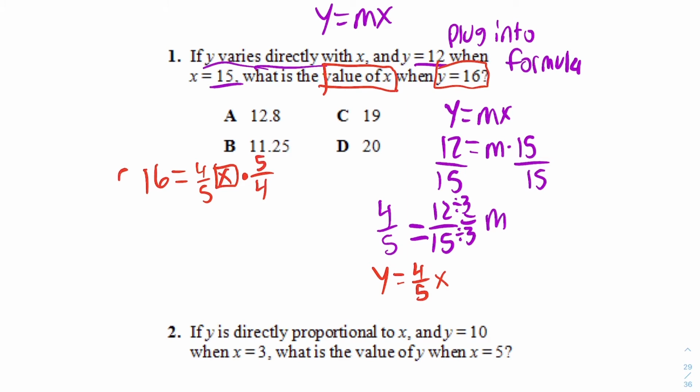So multiply by 5/4 on both sides. 5 on bottom, 5 on top, 4 on top, 4 on bottom. Instead of doing 5 times 16, I think it would be easier if I did 16 divided by 4 first. 16 divided by 4, okay, well we didn't change the 5. 16 divided by 4 is 4. And that's going to be equal to x. So x is equal to 20.